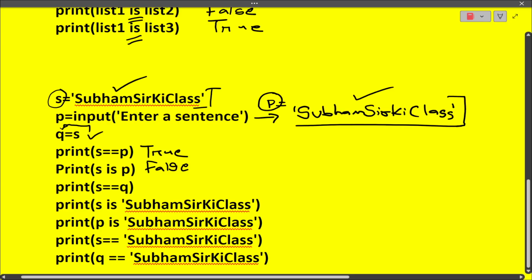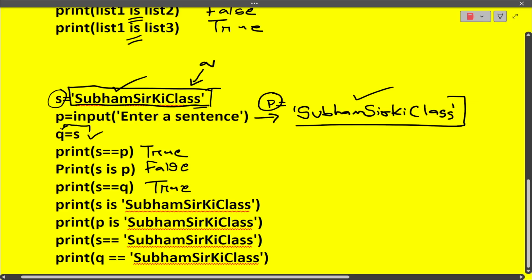Yes, if S is this particular object, as I have written Q is equal to S, it will be shared with Q. So definitely both of these values are identical to one another. As the memory is shared, they both have the same value, right? So it will result in true.